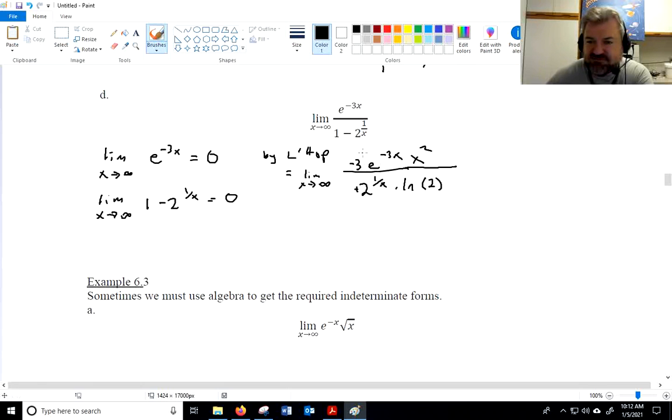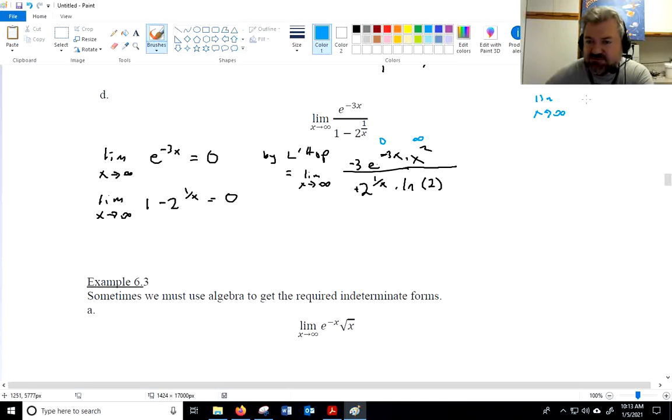So this limit here, e to the negative 3x times x squared, this is going to 0 while this is going to infinity. But which one's going there faster? Well, it turns out that this is going to 0 much faster than this. And we could easily show that by redoing this as a separate limit.